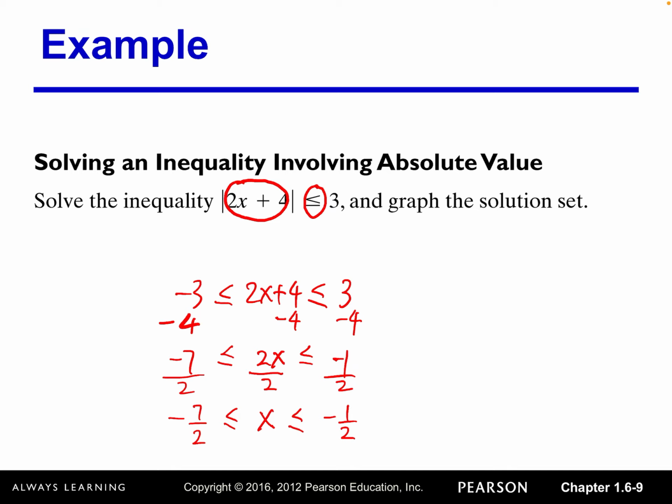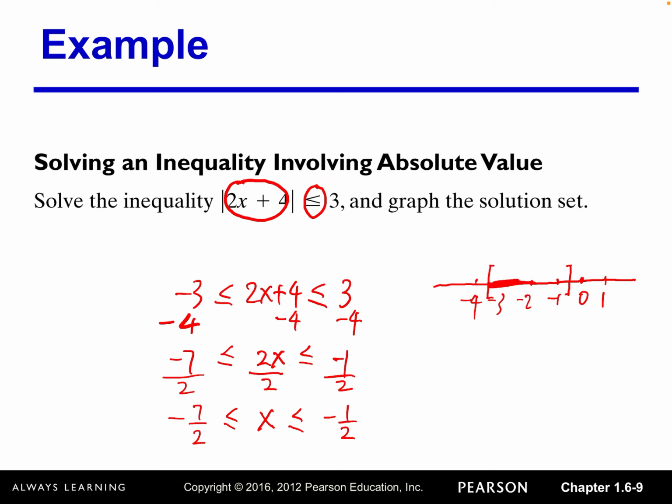And then we can graph it. If here is a 0, 1, -1, -2, -3, -4, so -1/2 is about here, and -7/2, that's -3.5, should be here.